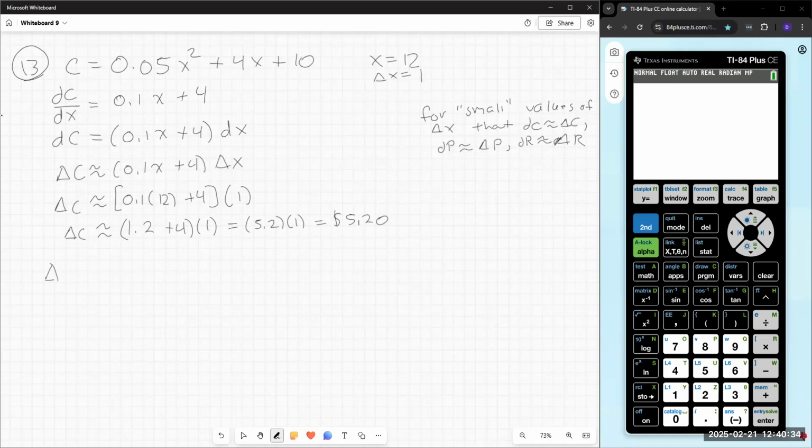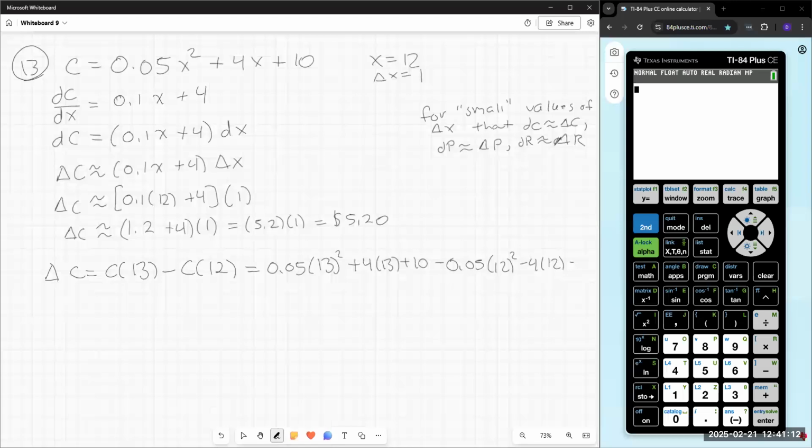Now delta c is exactly equal to c of 13 minus c of 12, which is going to be 0.05 times 13 squared plus 4 times 13 plus 10 minus 0.05 times 12 squared minus 4 times 12 minus 10.